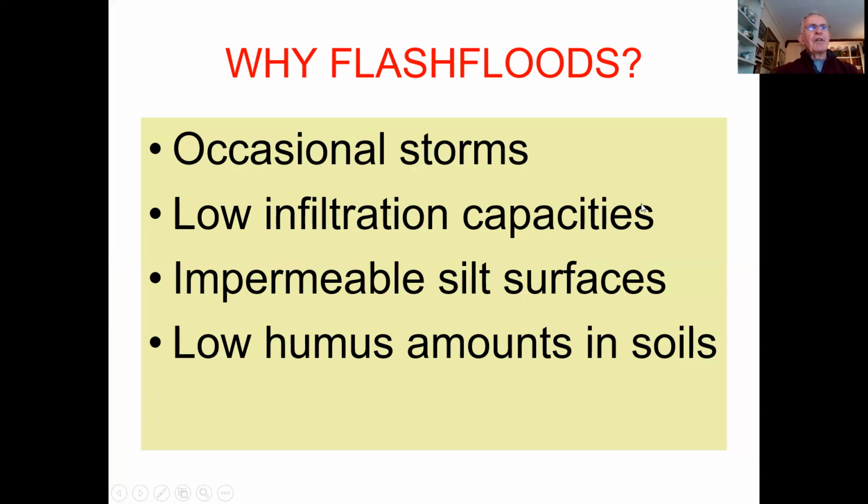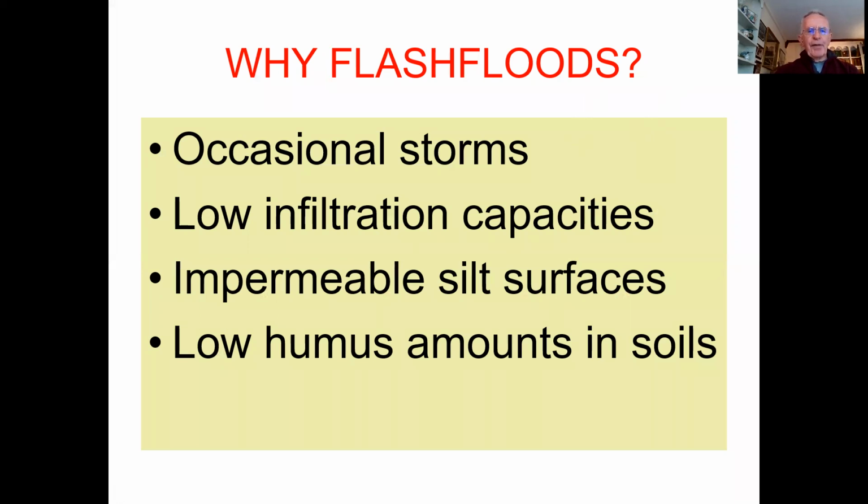So why do we get these flash floods in deserts, which are meant to be dry, and why do they carry so much debris? Well, there are a variety of reasons for this. One is that one does get occasional heavy storms in deserts, and these generate runoff, particularly from surfaces which have low infiltration capacities.